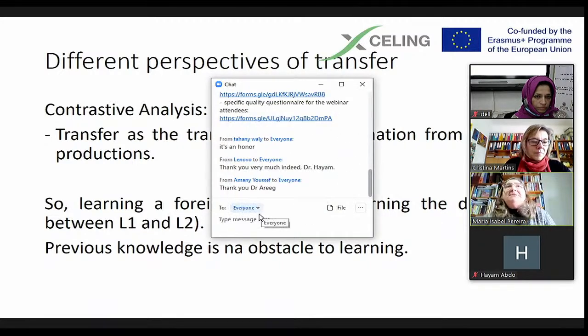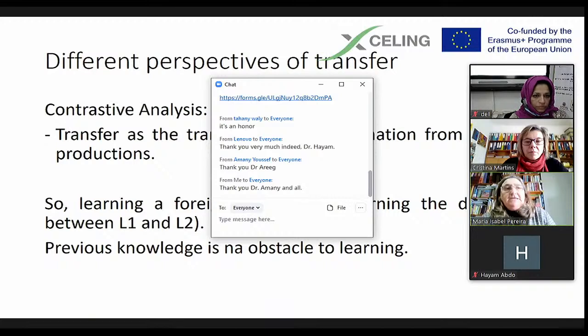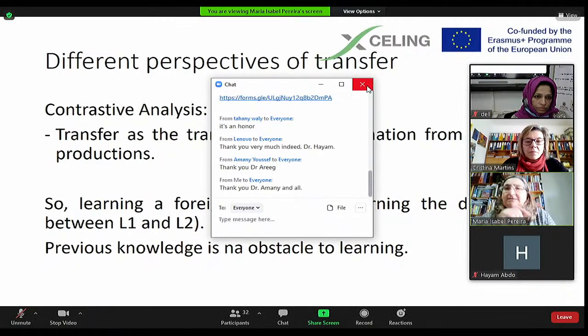It has not always been defined the same way, and I will refer mainly to three perspectives. The first one is contrastive analysis.